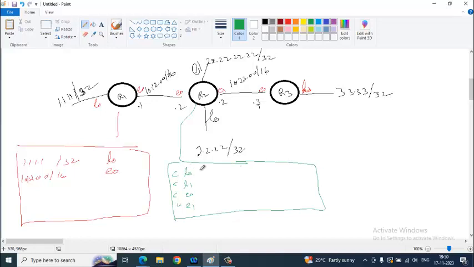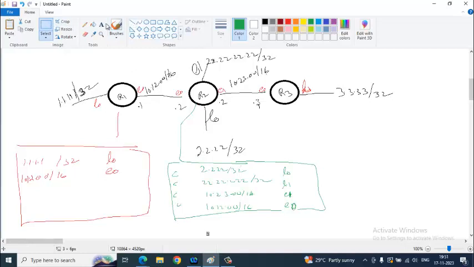On loopback 0, I got 2.2.2.2/32, and then 22.22.22.22/32, and then 10.23.0.0/16 on Ethernet 1. On Ethernet 0, it is 10.12.0.0/16.